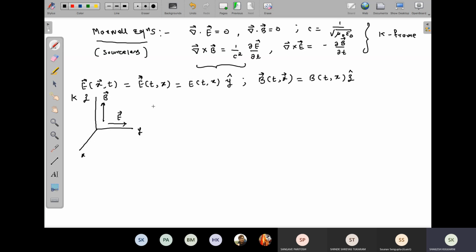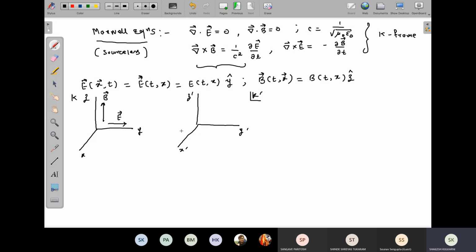Now I have a frame which is K prime. This is my K prime frame, and its axes are X prime, Y prime, and Z prime.